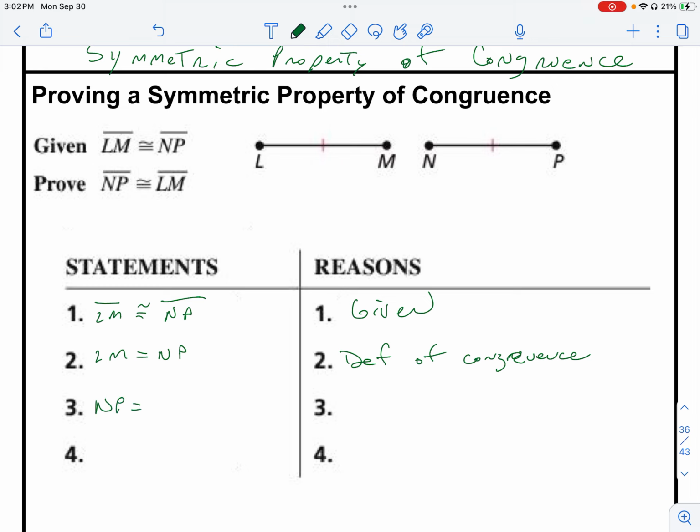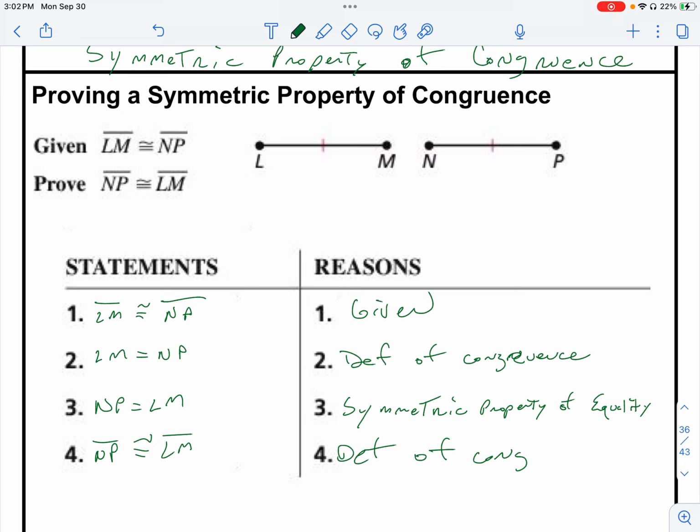Well, we already know the symmetric property works for real numbers, which, since we've transferred them into lengths, those are real numbers. So we can use the symmetric property of equality. Then if we have two segments whose lengths are equal, they are by definition congruent. Definition of congruence. And we are done with that one.